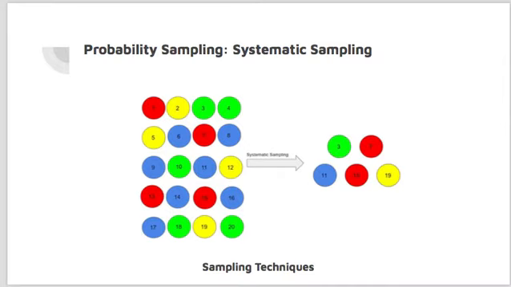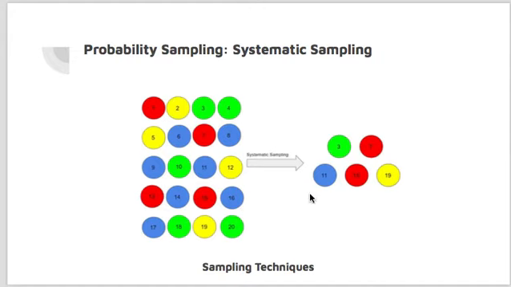The example shown is an interval of 3. So it is very easy. If your population size is x and the sample size that you want is n, just take x by n as the interval, and it will give you the systematic sampling method for your sample selection.